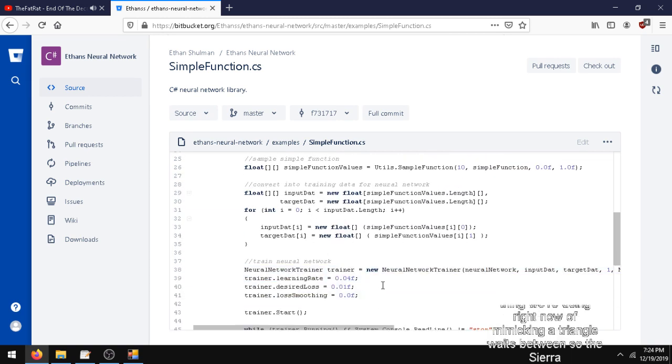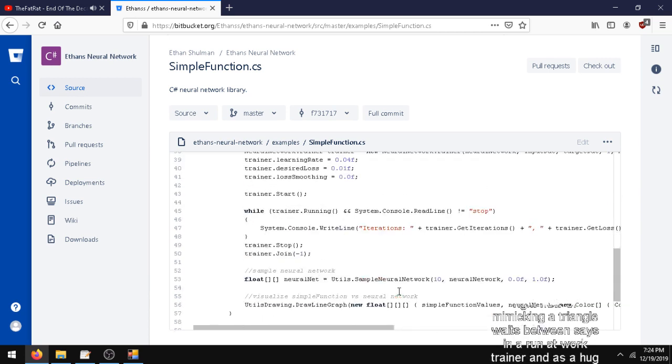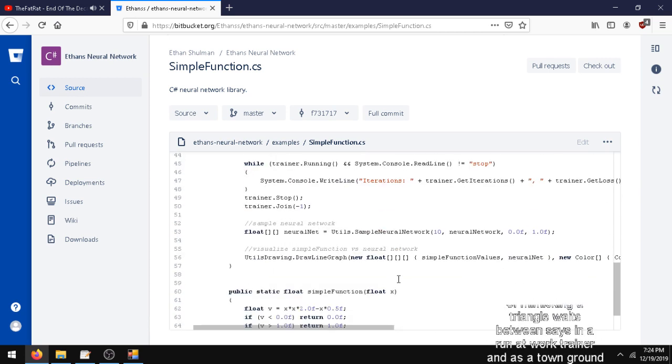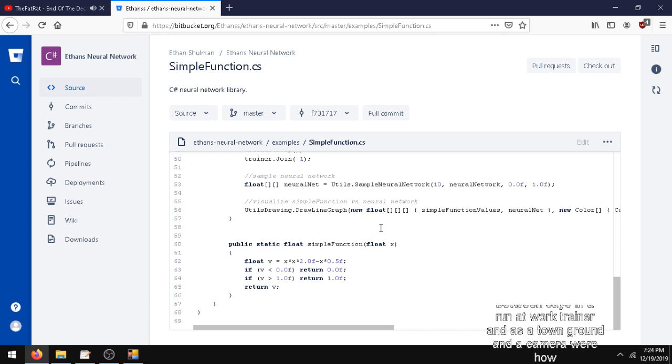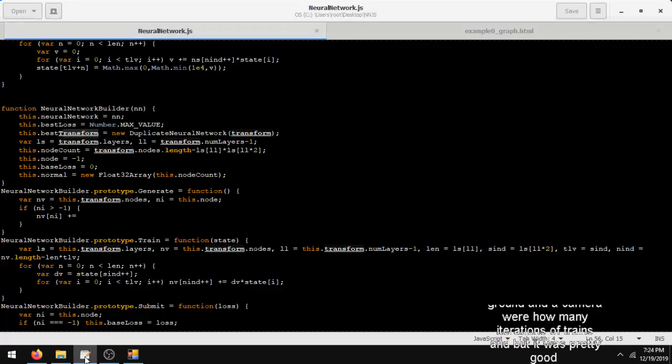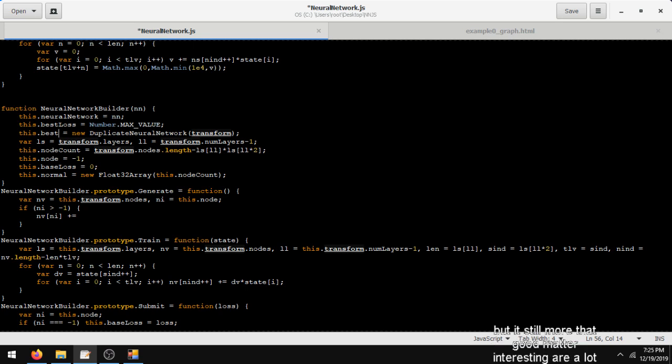So this neural network trainer does Adagrad. And I can't remember how many iterations it trains in, but I think it's pretty good. But it's still not that good. I'm not really interested in neural networks that match.